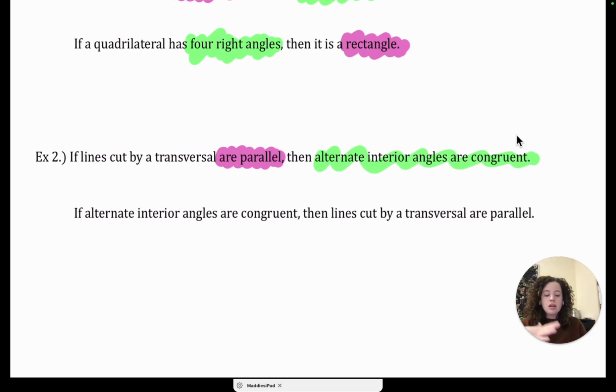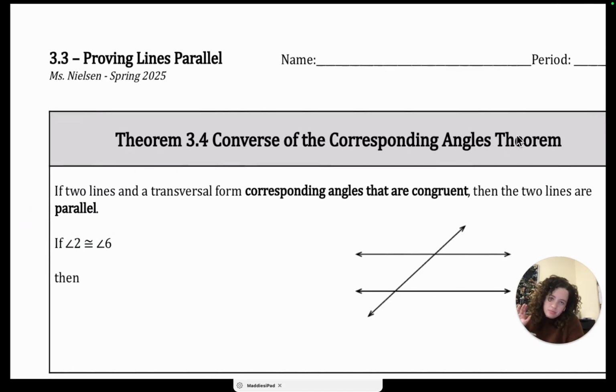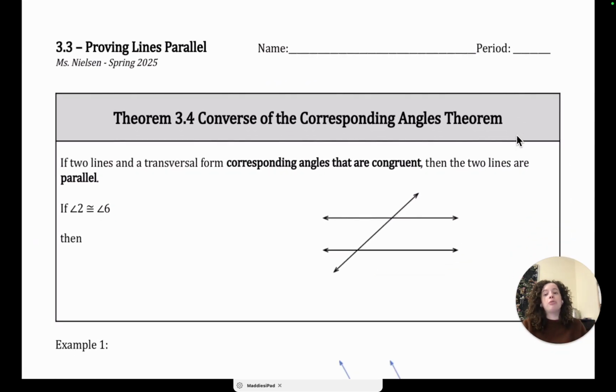Now, the reverse of this in the opposite direction says that if alternate interior angles are congruent, then lines cut by a transversal are parallel. This is what we're going to talk about today and how this is true in both directions, no matter which way we flip-flop it. So let's flip ourselves over to this next page and talk about our theorems.